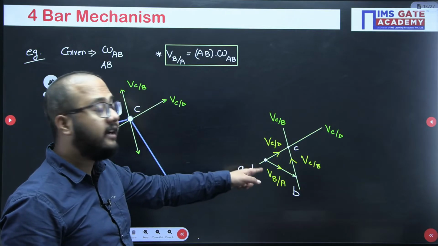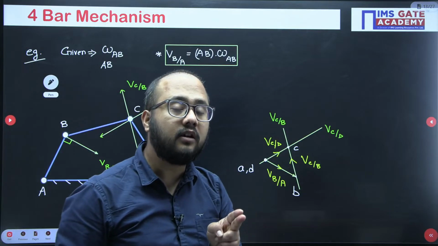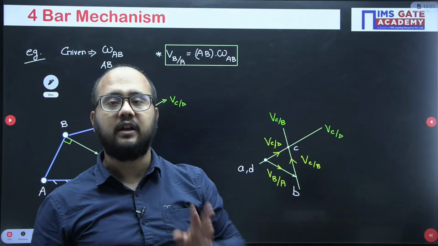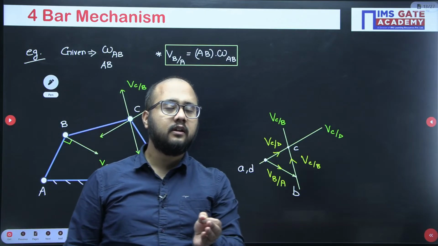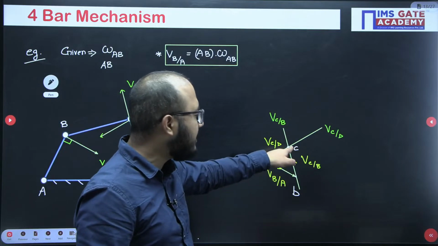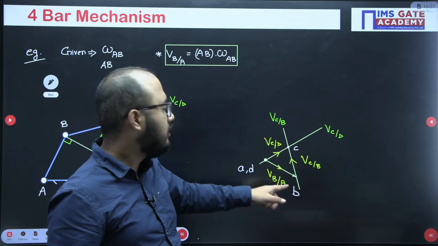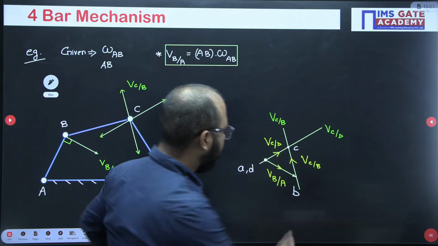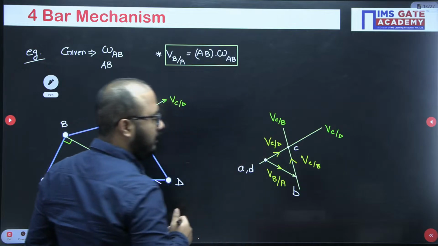Because these are relative velocities. For relative velocity, you need to know the point from which you are observing. Relative means with respect to something only. So the velocity of C I am observing with respect to point B, then only the relative term comes. So B I am observing towards C, so this arrow will be there. C I am observing with respect to D, so this arrow will come.